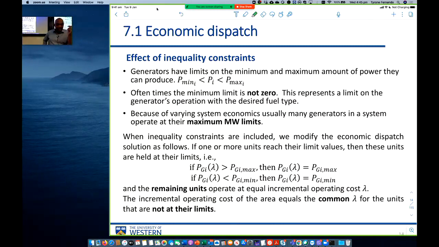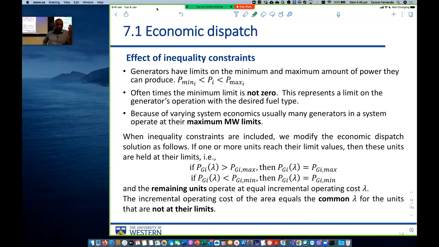So a generator can have a P min and a P max. If a generator has P min, what does that mean? It means it has to be operating all the time, and it can't go below that minimum. And if it has a P max, it means that even if the load is more, it can't generate more than that maximum.